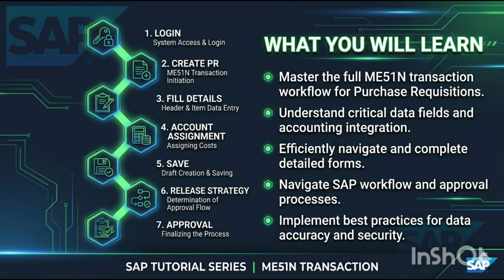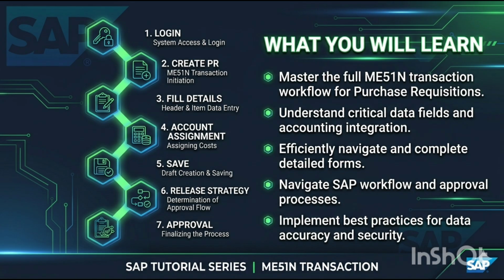Next, we will see how to save the PR and get the document number. Then we will dive deep into the release strategy configuration and how the approval process works. You will also learn how approvers use ME54N to release the requisition.